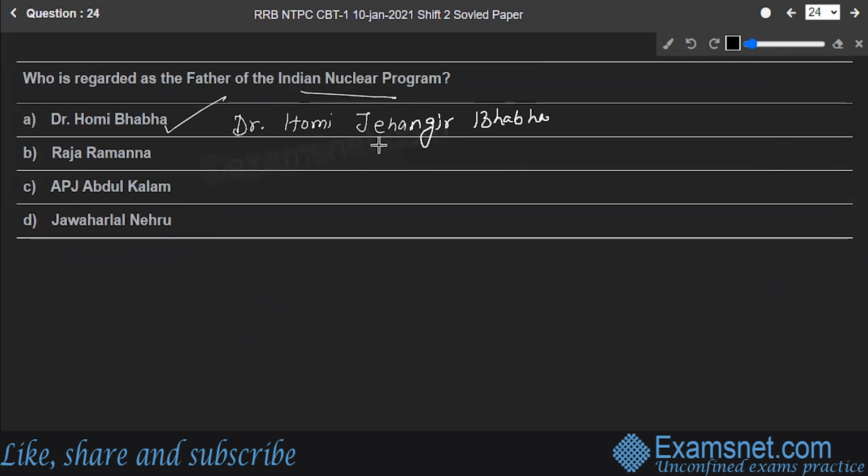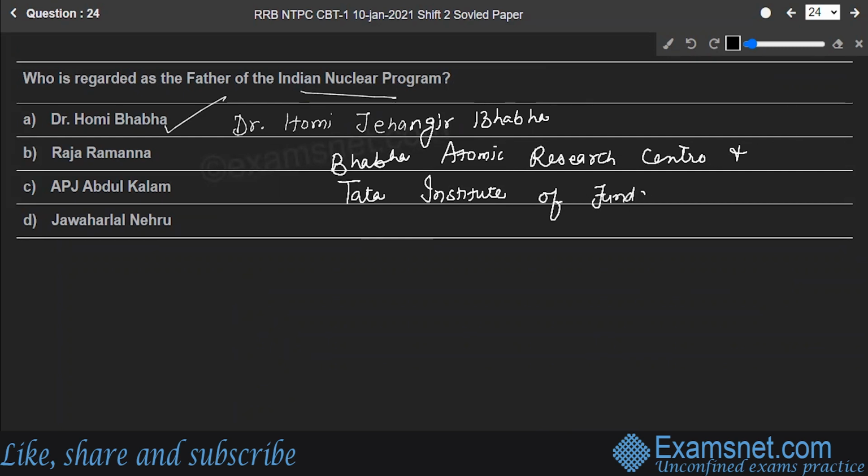He was Indian nuclear physicist who founded Bhabha Atomic Research Center and Tata Institute of Fundamental Research. Ajit Kumar Mohanty was appointed as the director of Bhabha Atomic Research Center, BARC, for a period of 3 years in March 2019.